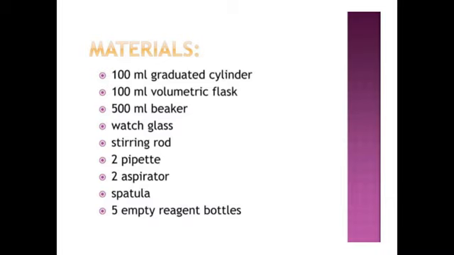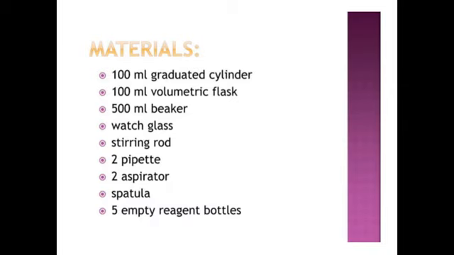Some of the materials we are going to need to prepare these substances are a graduated cylinder, or what we call a measuring cylinder, for the purpose of other experiments that you may want to perform. Depending on whatever is required, you can use 100 ml, 50 ml, 200 ml and the likes.